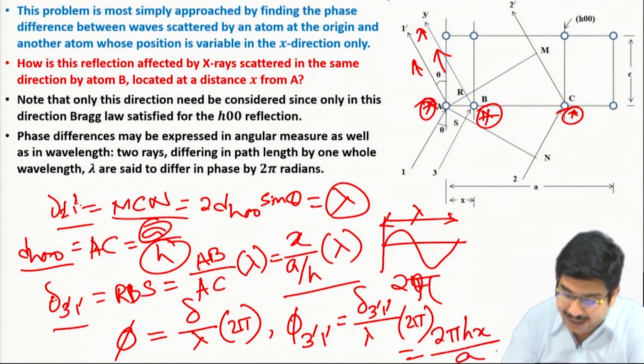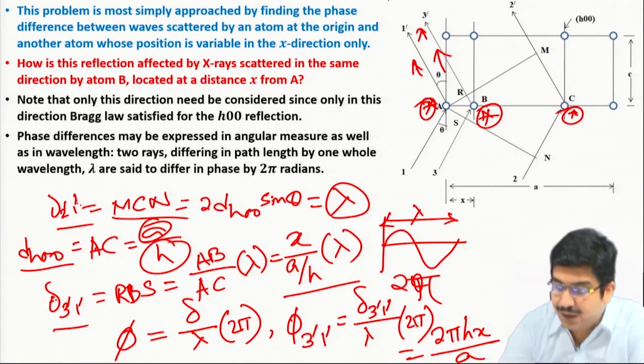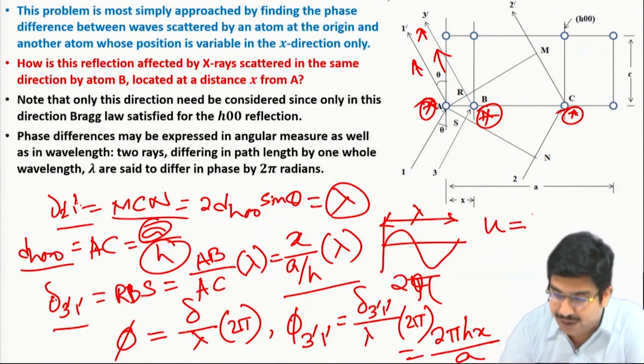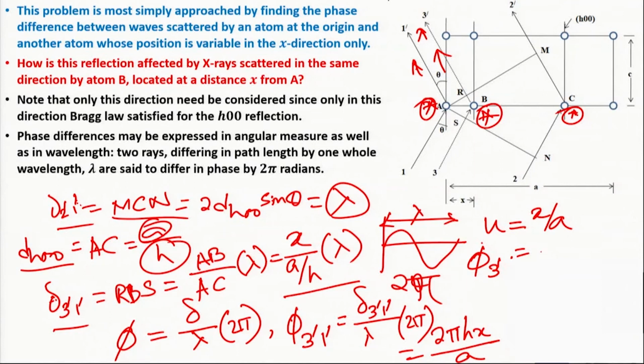Finally, this expression comes out to be 2 pi h x by a. We are putting all the variables here, and if we express x by a as the fractional coordinate u, then finally the phase difference between these two will be expressed as 2 pi h u.